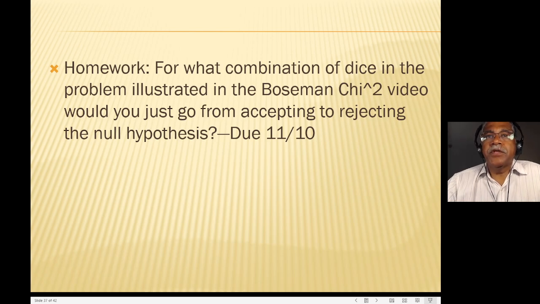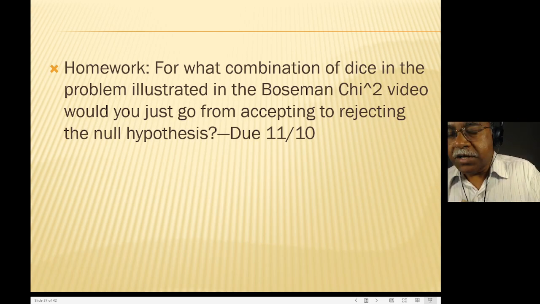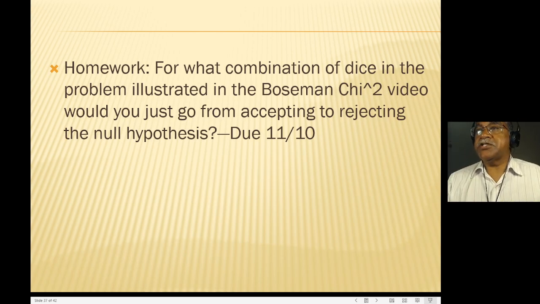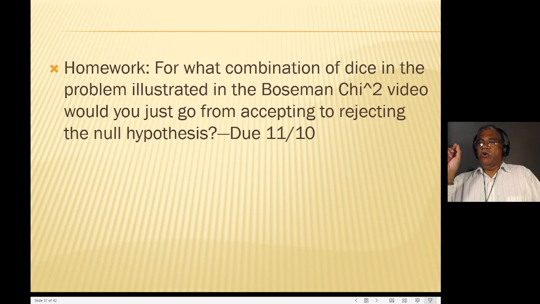No, okay. Let me clarify, Iman. The null hypothesis is that there is no statistical difference in the observed and the expected value of the dice. That is the null. So you're not searching for a null hypothesis. You already start with the premise that there is a null hypothesis.